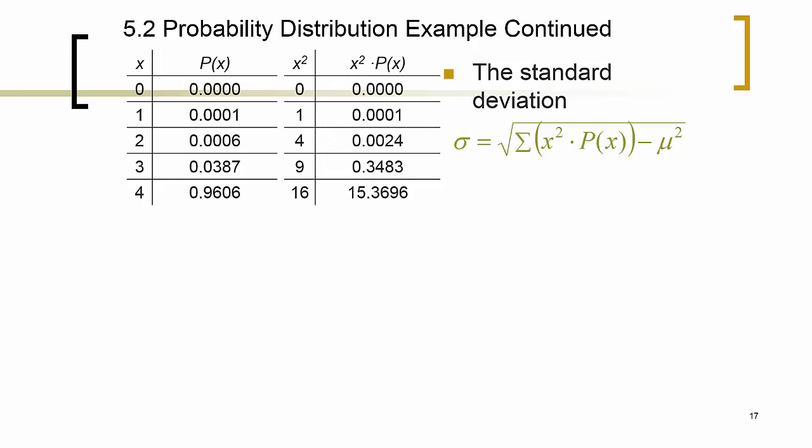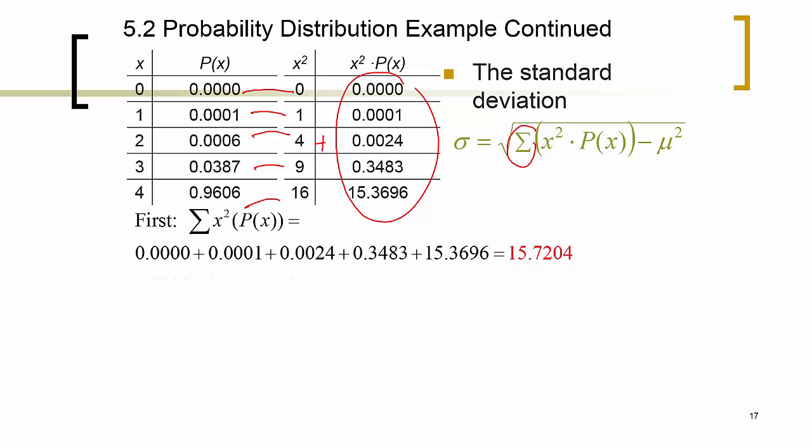So we square the original x's, and I get 0, 1, 4, 9, and 16, and I multiply those by these probabilities here, and that gives me these values. Then I want to find the sum of those.